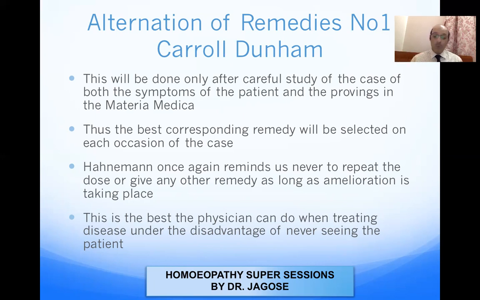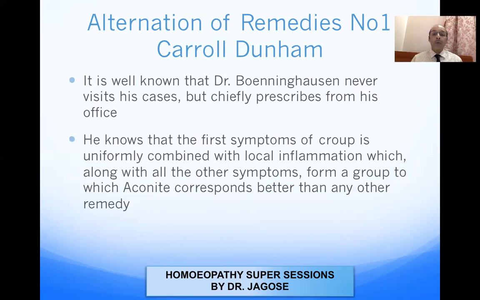Just wait and watch. It is well known that Bonninghausen never visits his cases, but chiefly prescribes from his office. So Dr. Bonninghausen just prescribes from his office and hardly visits the cases. He knows that the first symptom of croup is uniformly combined with local inflammation, which along with all other symptoms form a group to which aconite corresponds better than any other remedy.